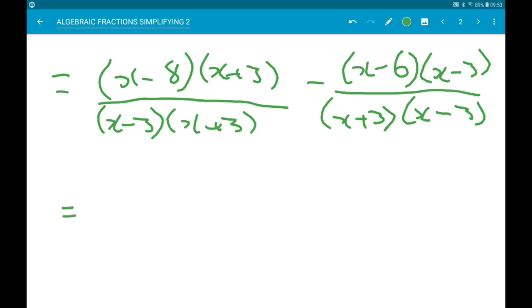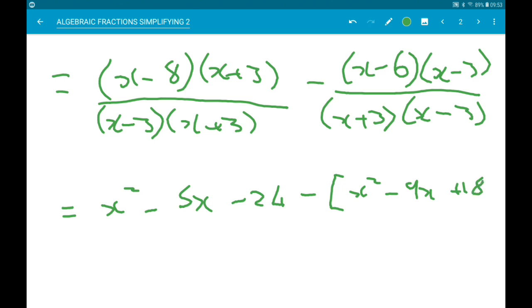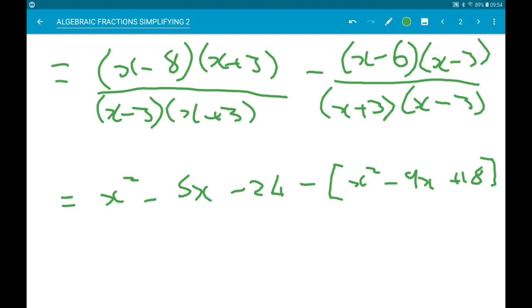Now on top we have x squared minus 5x, and then minus 24, and then we have minus, so over here we're going to get x squared minus 9x plus 18, but remember that is all being affected by the minus on the outside. So that's all over x squared minus 9.